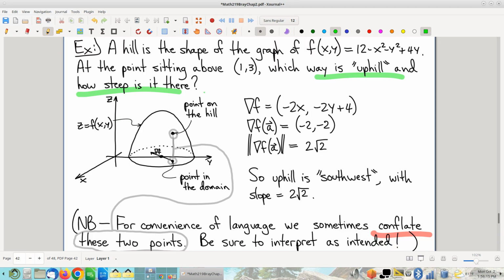This first part of the question is, other than semantics, directly asking what is the direction of fastest increase, what is the direction of steepest ascent. Is that cool? All right.